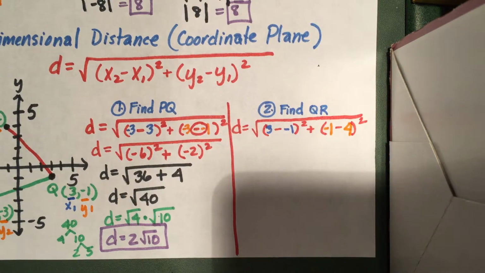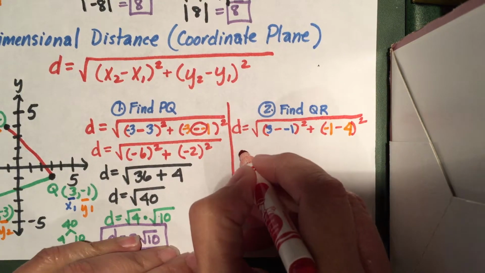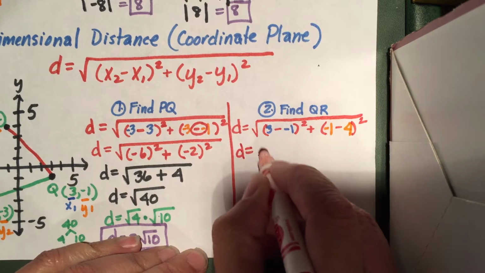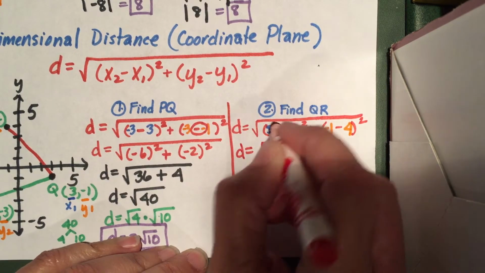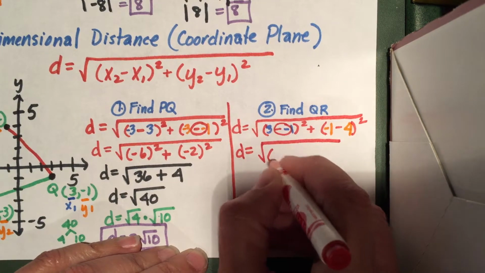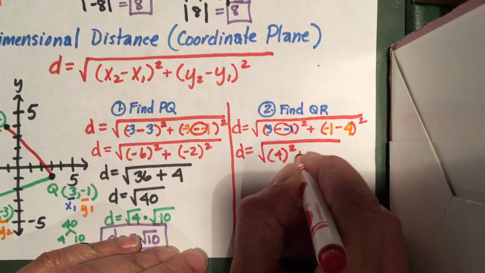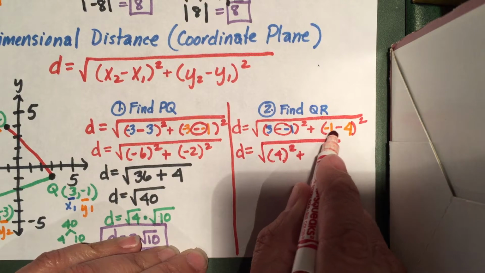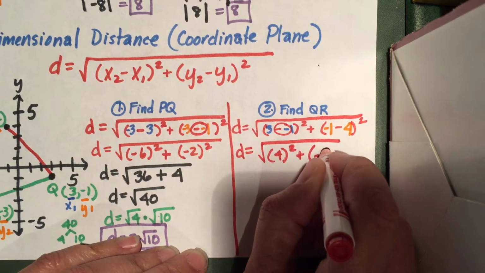And from here, I'm just going to complete the process like I did on the previous one. It's just math. Minus a negative right here becomes a positive, so 3 plus 1 is 4, so that's 4 squared. Negative 1 minus 4 gives you negative 5.